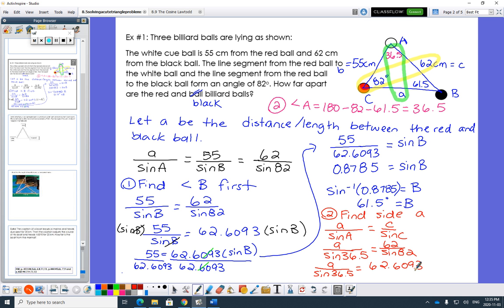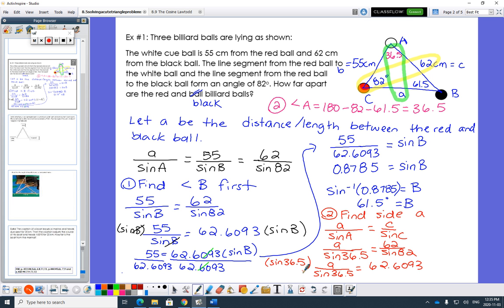Again, when you have the variable in the top, then many of you will be like, you know what, I can see already that I'm going to be multiplying by sine 36.5. Maybe you want to do it as one step, and that's totally fine too, okay? So now we need to multiply.